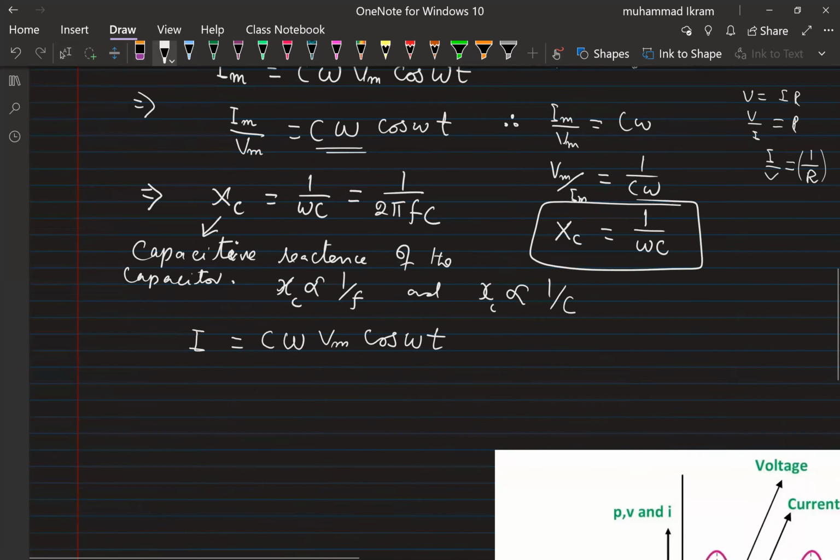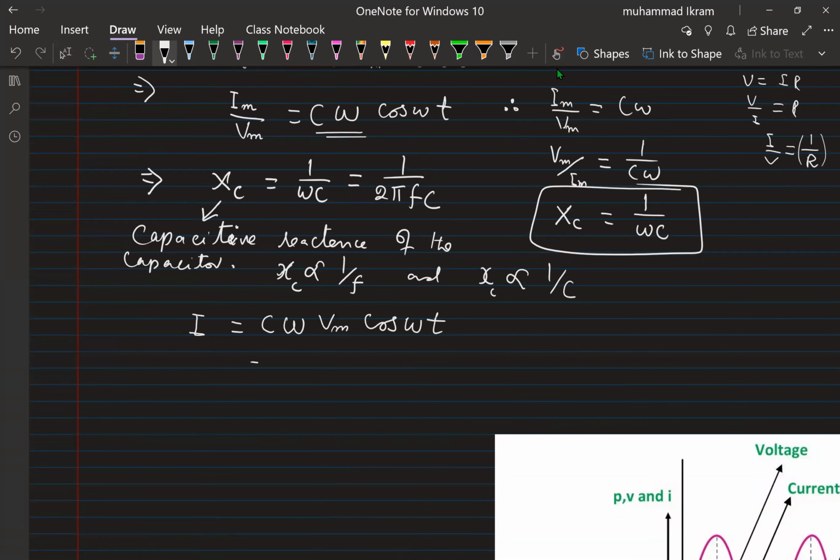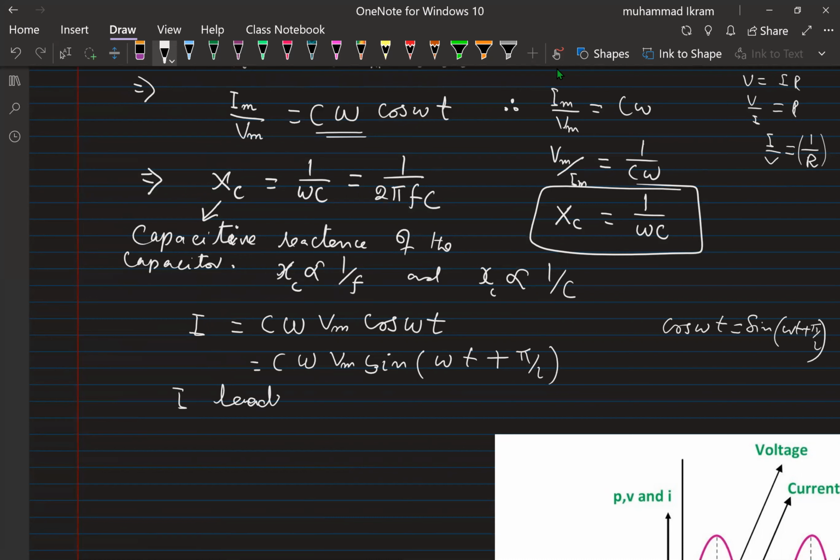So this is C into omega into Vm into sine omega t plus pi by 2. This is a mathematical identity that cos omega t is equal to sine omega t plus pi by 2. So here you see that I leads V by pi by 2. This is a kind of mathematical proof.